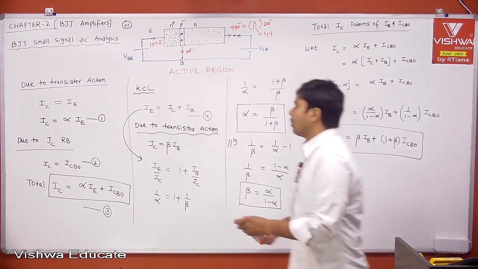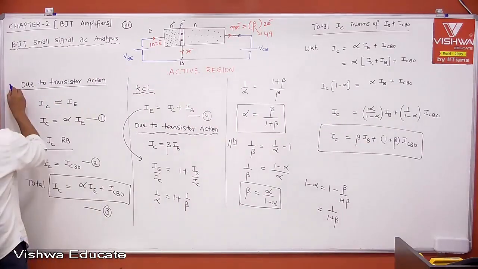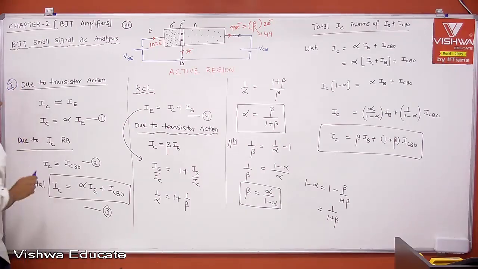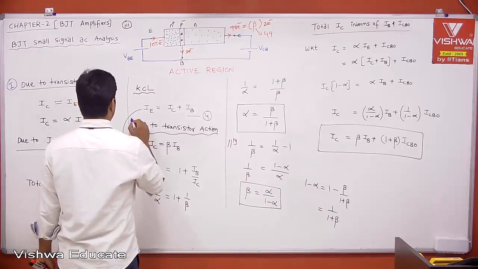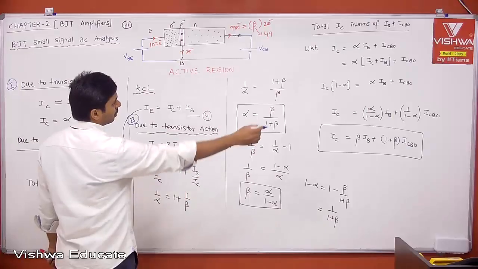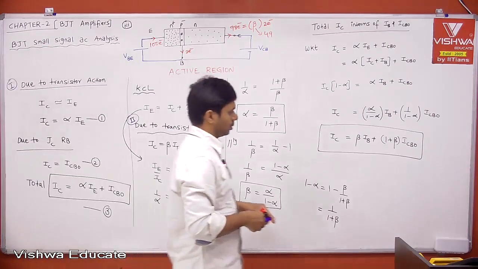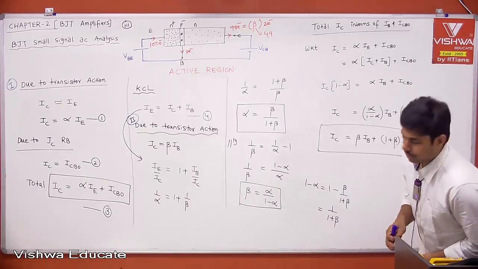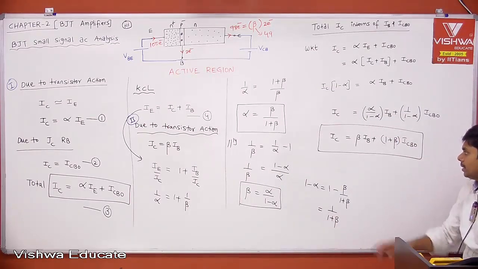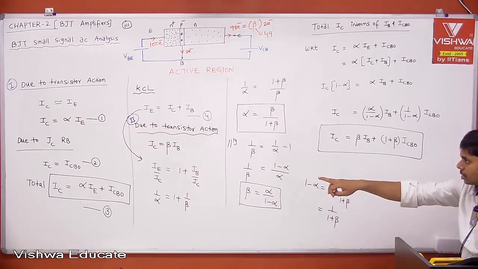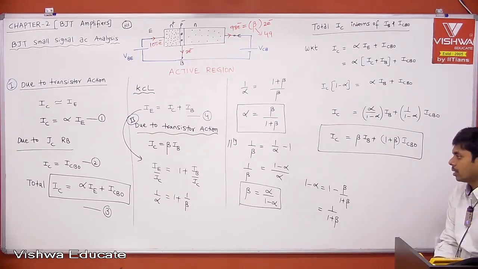This is part 1, which is IC in terms of IE, and this is part 2, writing IC in terms of IB. Actually, I need this equation, IC equals alpha into IE plus ICBO, or this equation.